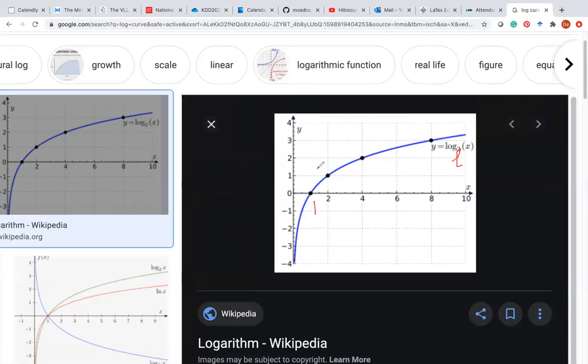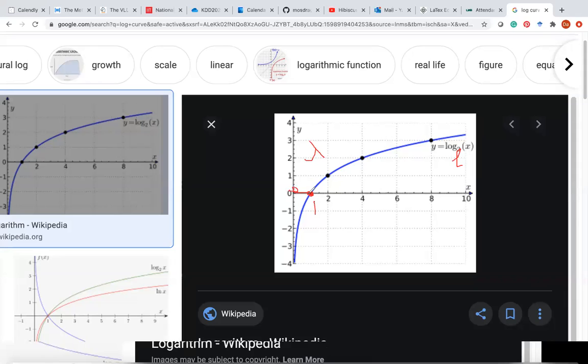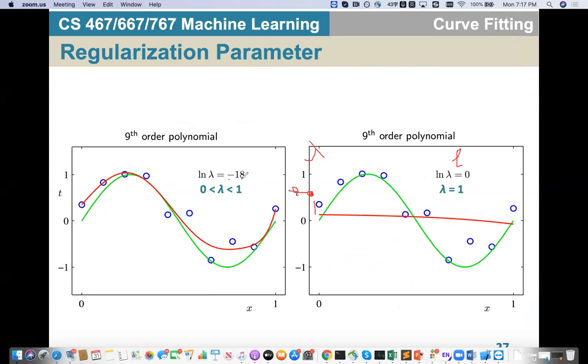Now we are saying our weight, if you are here, then if your lambda is 1, it's actually quite a big value. If you think about log, it's 0. If your lambda becomes a very small value, let's say negative infinity, okay?